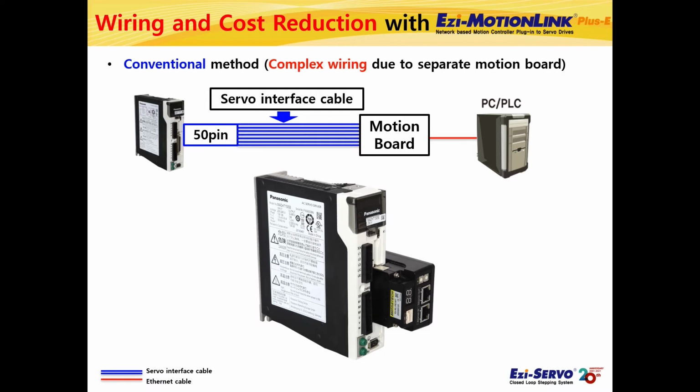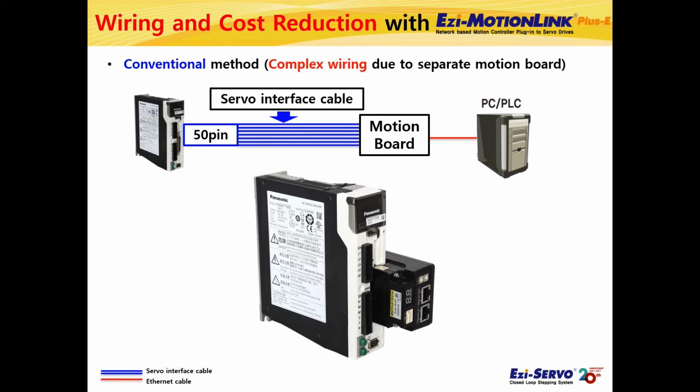The servo interface connector of Panasonic Ezi-SERVO drive is a 3M50-pin connector, and most major Ezi-SERVO drives also use this 3M50-pin connector. Since FASTECH's Ezi-MOTIONLINK also uses this 3M50-pin connector, it is compatible with most major Ezi-SERVO drives.